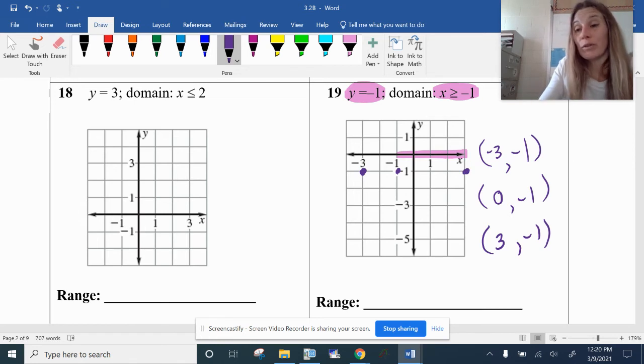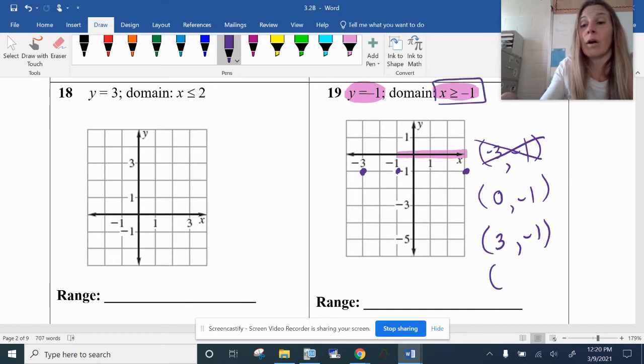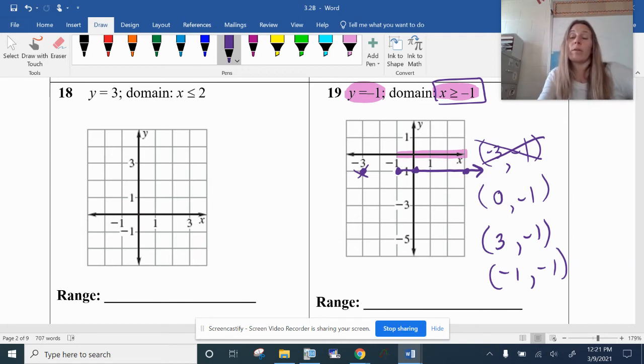However, in this particular case, there was a restriction, so this would not be a choice. I would have to do values that are greater than or equal to -1. So I'm going to keep my -1 as my lowest point, and I'm going to have this one as well. So we wouldn't do that. So this is our line, and notice it's a horizontal line, but it's starting at that one point where the restriction was in place.